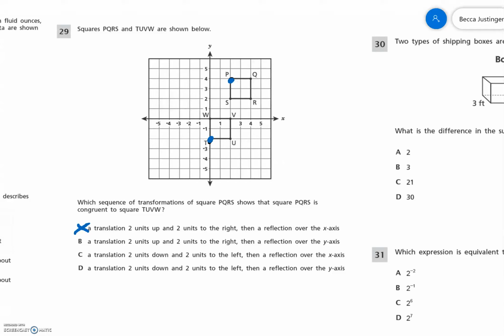Alright, let's try B. A translation 2 units up, 2 units to the right would be here. And then a reflection over the y-axis, that would land us here. That's not what we want.